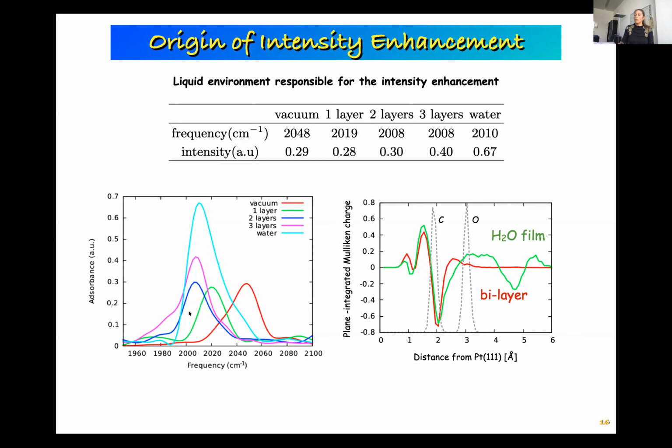So you have the shift, but you don't have such an intensity enhancement. You really need the bulk water to be able to observe this enhancement in the intensity. So that is really an effect of the electrostatic field of the water.